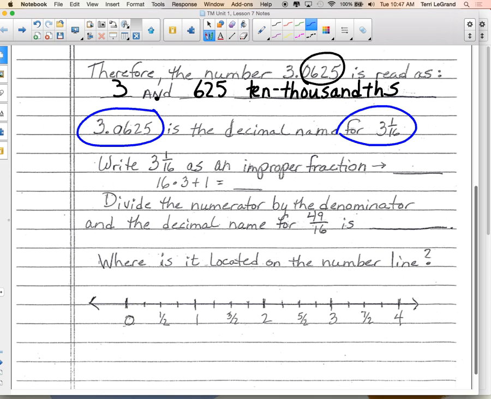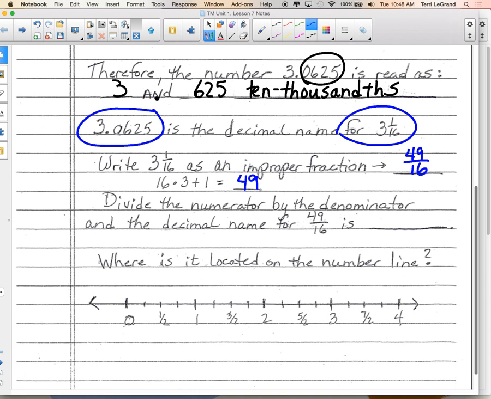Yeah, you take the denominator 16 times the whole number 3 and you add the numerator. Okay, well, what is 16 times 3? 48. Add 1 to that. 49. So since that equals 49, what would be the improper fraction name for 3 and 1/16? 49 16ths.